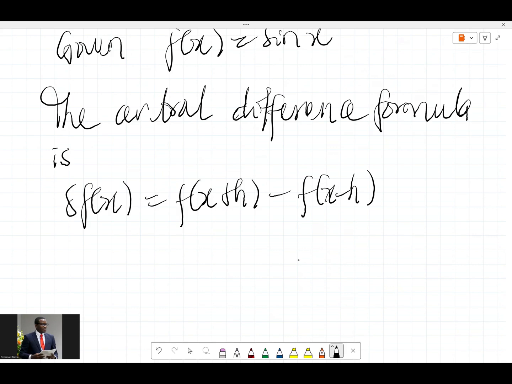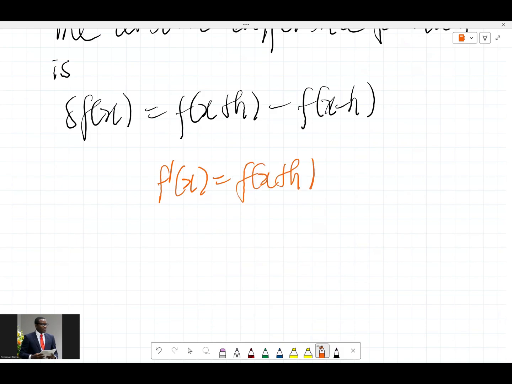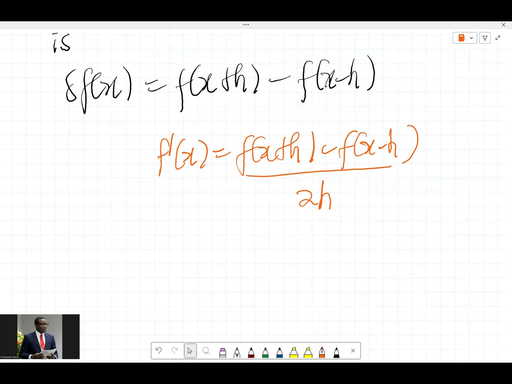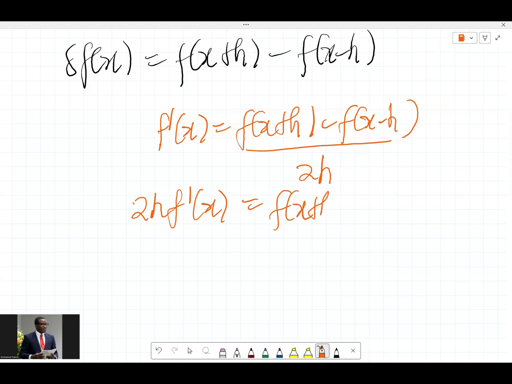Normally, the central difference tells us that f prime of x is equal to f of x plus h minus f of x minus h, divided by 2h. So it simply means that 2h f prime of x is equal to f of x plus h minus f of x minus h.